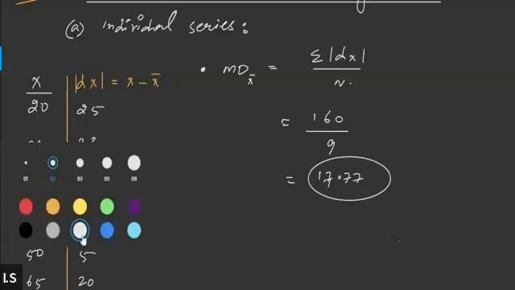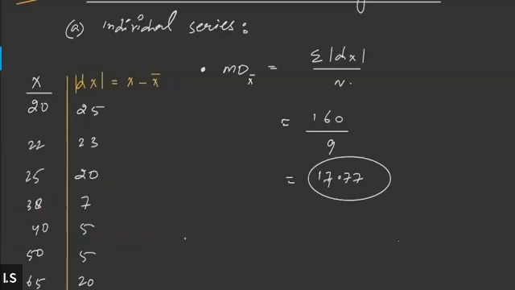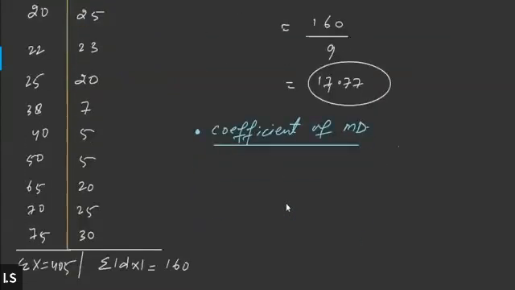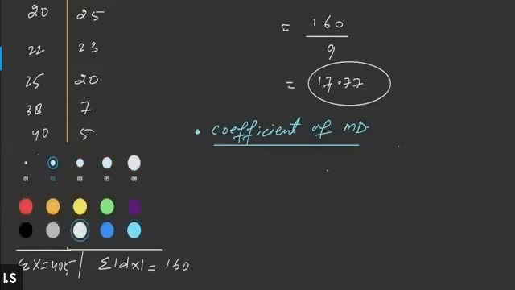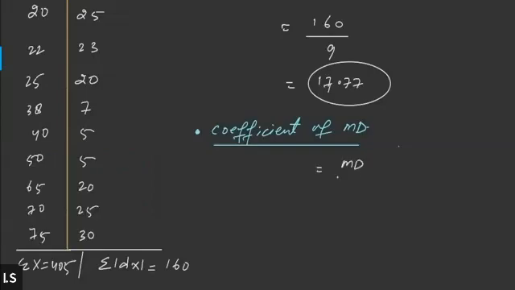And again, because we are also required to find out the coefficient in this question. So in order to find out the coefficient of mean deviation, pay attention, try to understand what I'll be doing this time. I'm going to divide the mean deviation by the mean this time.